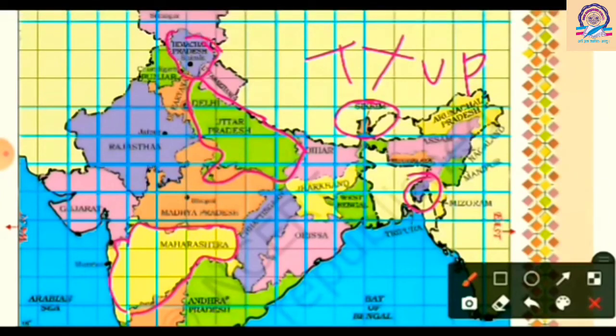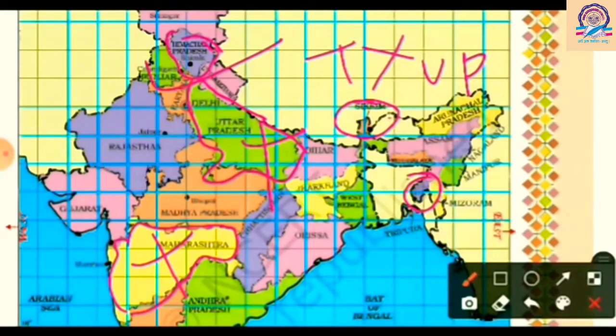So finally we can say Himachal Pradesh is almost 8 times of Sikkim. Uttar Pradesh and Maharashtra are more than 8 times. That's why we cannot say that they are 8 times of Sikkim, and our answer will be Himachal Pradesh. Is it clear?